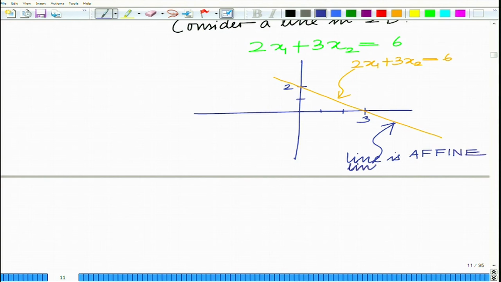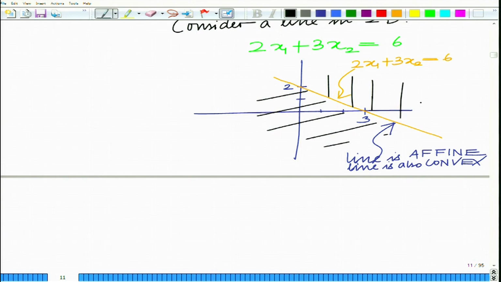The line is also convex. Now, the interesting thing occurs when you look at these regions. The line is partitioning this plane into two regions.